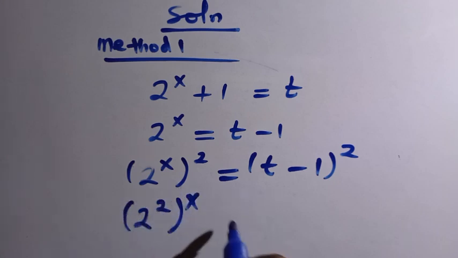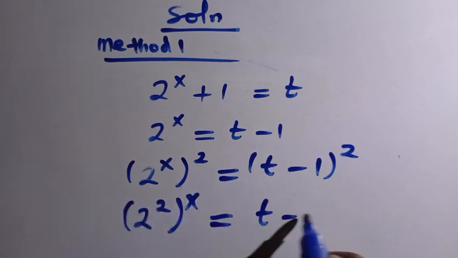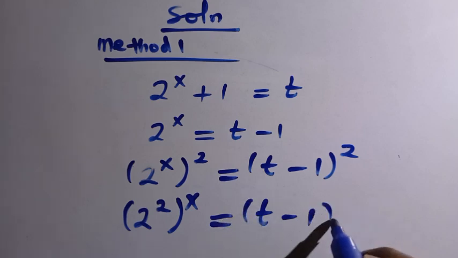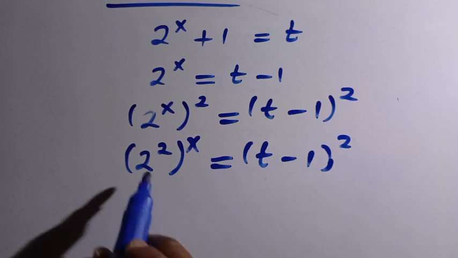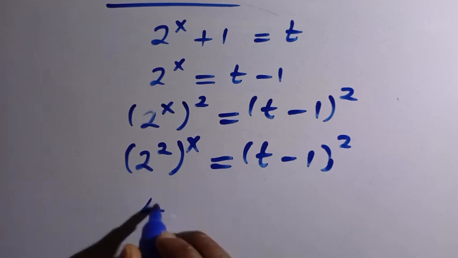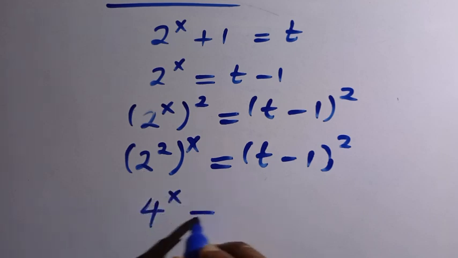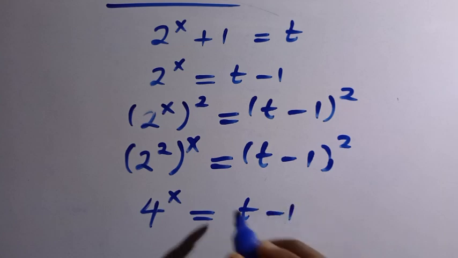So we can switch the power, and this equals t minus 1 raised to power of 2. So from here, 2 to the power of 2 is 4. Then 4 raised to power x equals t minus 1 raised to power of 2. So this is what we have for this expression.